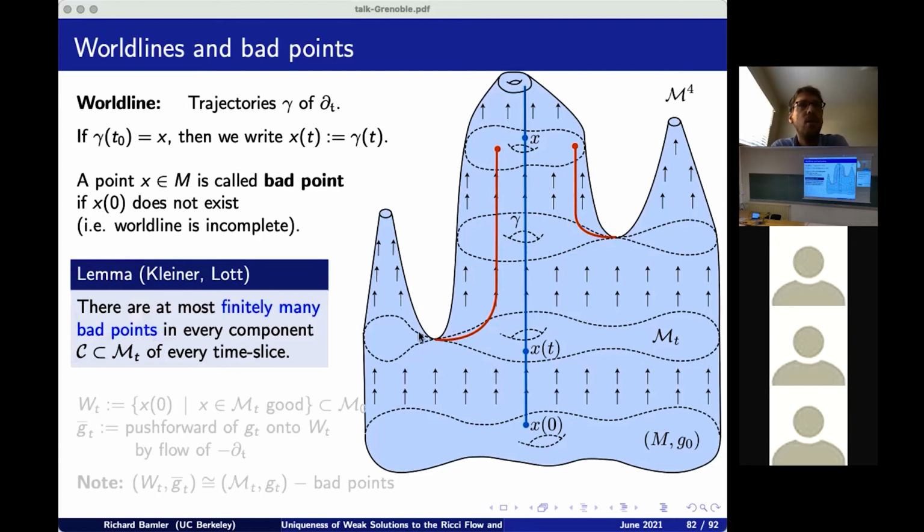Okay? I won't prove this here, but let me just hand wave why this could be true. The main idea of this proof is that if we look at points slightly after where this singularity resolves, and we look at the corresponding points of these bad world lines, then we see these caps which look like Bryan solitons, and these caps have a lot of positive curvature at the tip.